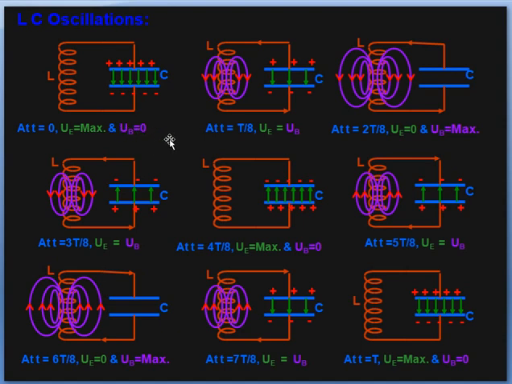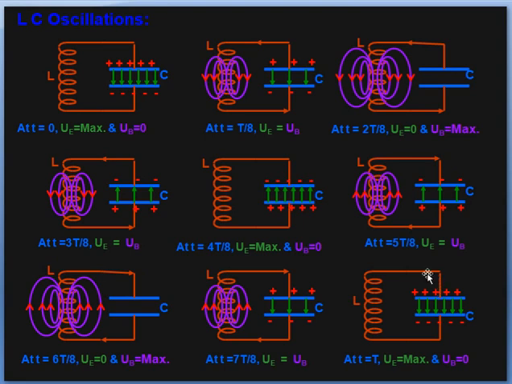At t equals T by 8, then T by 4, then 3T by 8, then 4T by 8, that is T by 2. Up to here it is half a cycle, then the remaining becomes the other half cycle. What will happen?